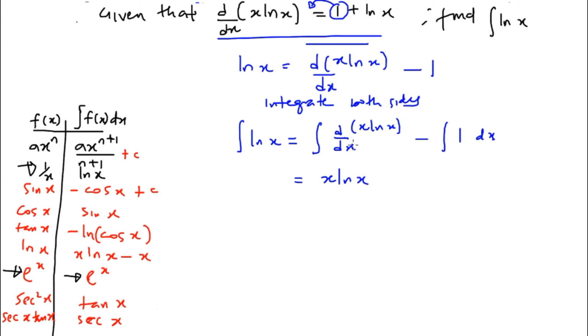So d/dx of x ln x means the derivative of x ln x. If I find the integral of the derivative of x ln x, I will have x ln x, which is the original function. Then minus the integral of 1 is x. So this is the integral of ln x.